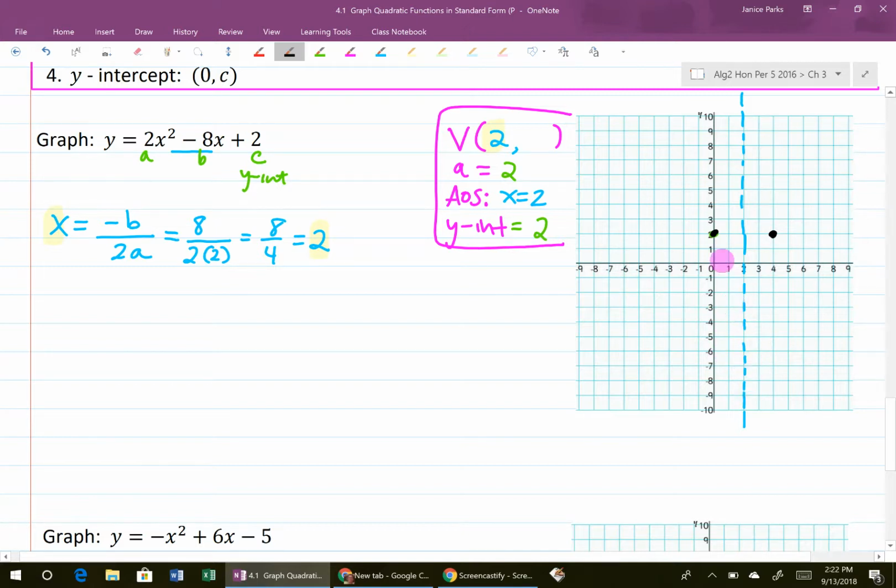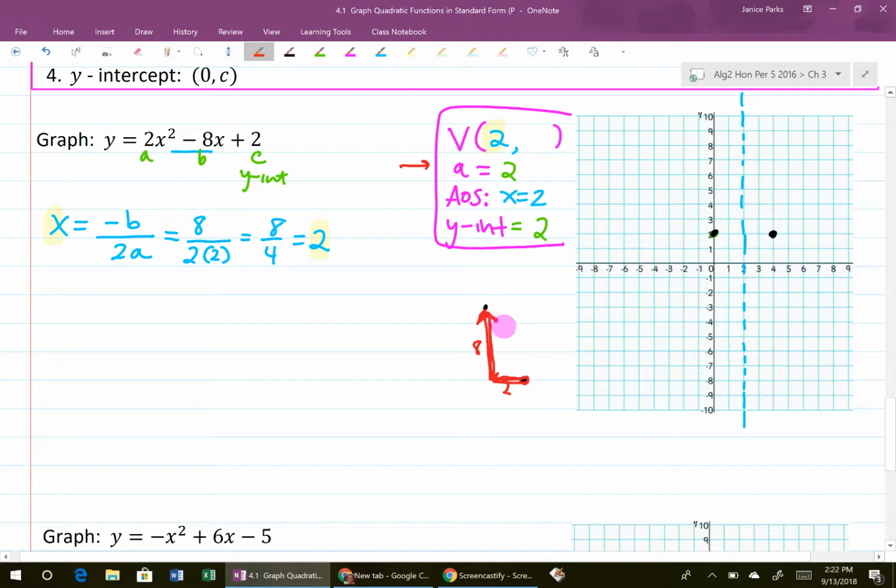I need to figure out how far down it needs to be. If I were going from the vertex up to the y-intercept, since it's 2 units away from where the vertex would be, I would have to go up 8 units because that would be 2 squared, which is a normal parabola, and then I would have to multiply that by the a value, which is 2.